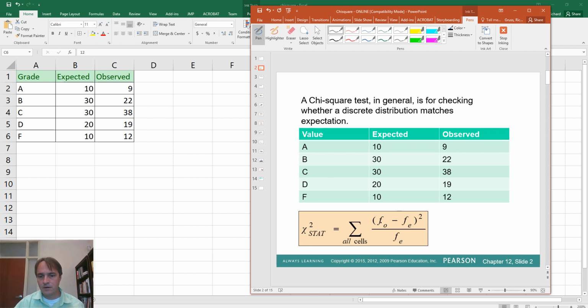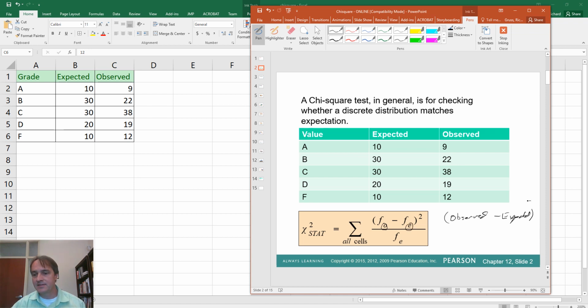I'll just write it out here to make it a little bit easier to know what these symbols mean. So we're going to have the difference between observed and expected. Okay, I know that doesn't make it easier, but we've got a difference between the observed and expected. This is what this O means here. This is the observed, and this is the expected.